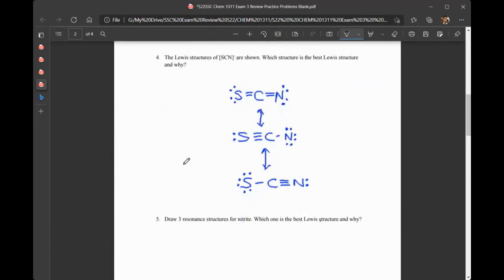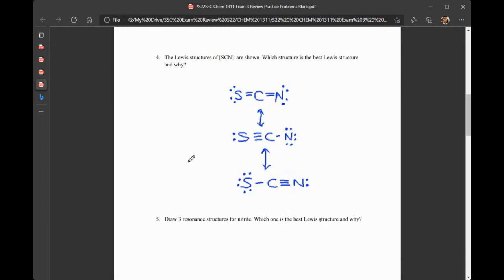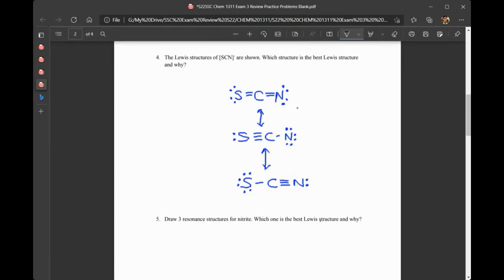Okay, cool. So we have the Lewis structures of SCN minus. Which structure is the best Lewis structure and why? With best Lewis structure problems, we have to find the formal charge for all of them. So we'll start with the first one. If you remember the formula, it's the group number minus the bonds minus the number of electrons.